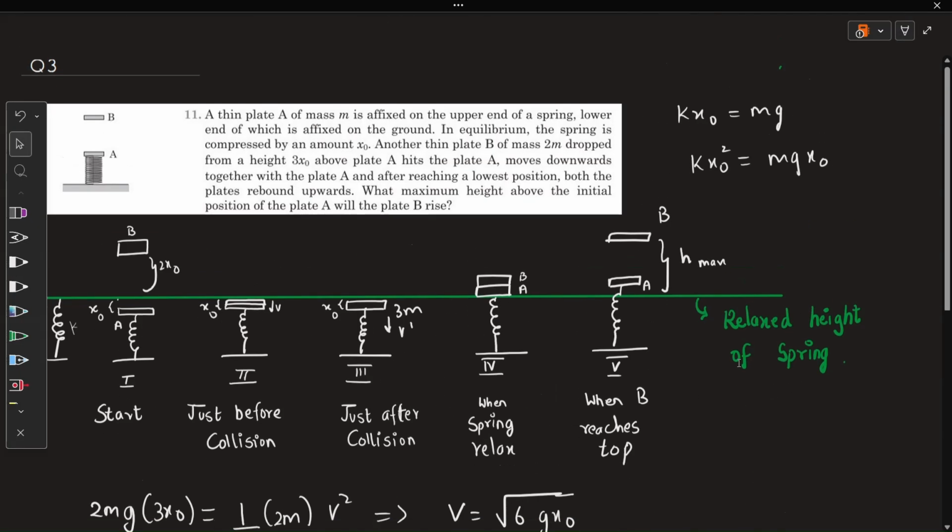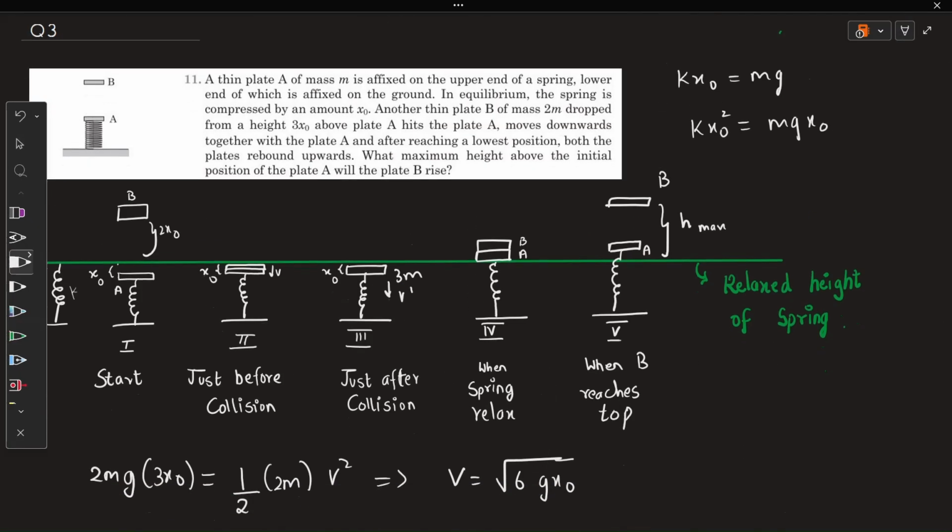And what about the final energy? The final energy is, in this case, when B reaches the topmost position. There is an issue in conserving energy between 3 and 5.